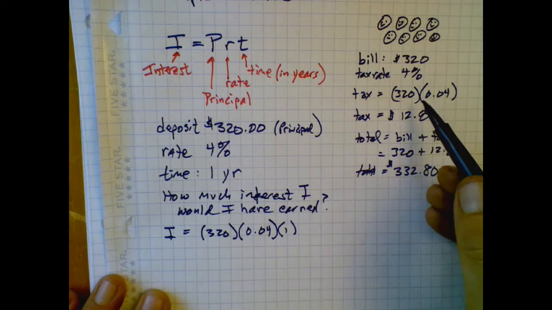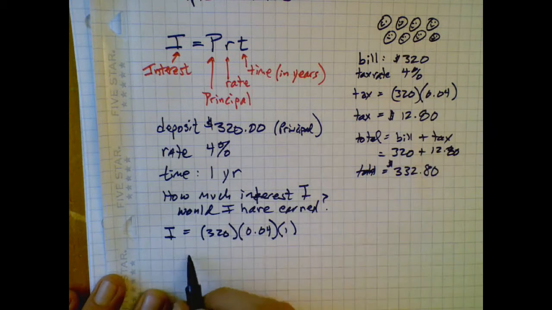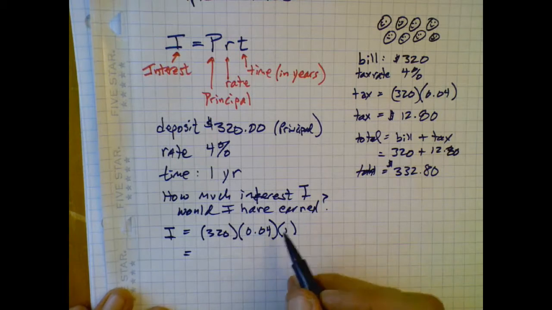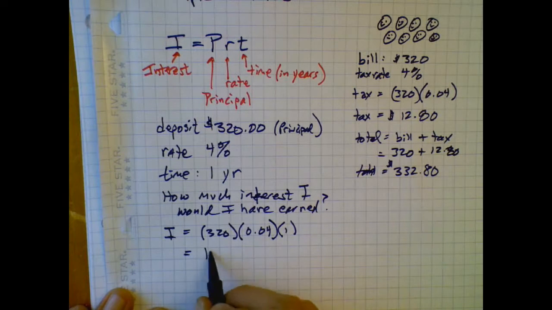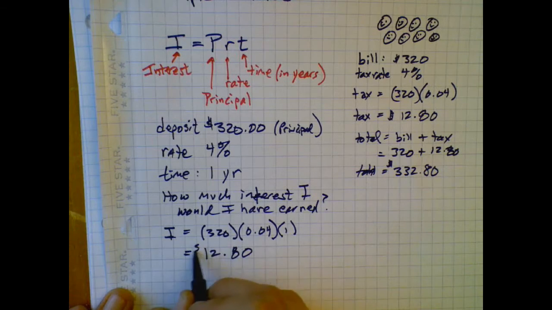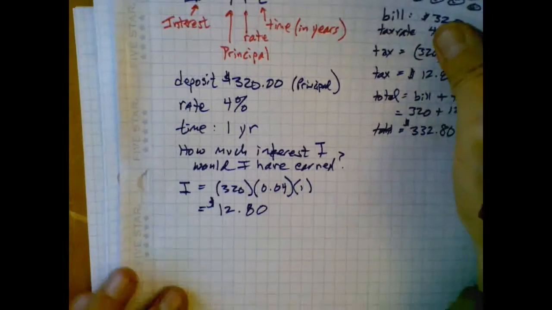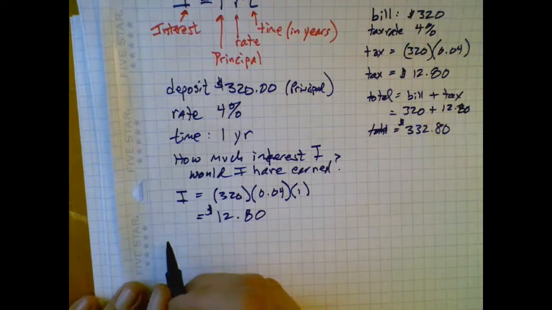That looks really familiar to this, doesn't it? So in this case, the 1 I can almost ignore. It doesn't change this. So I know I would have earned $12.80 in interest.